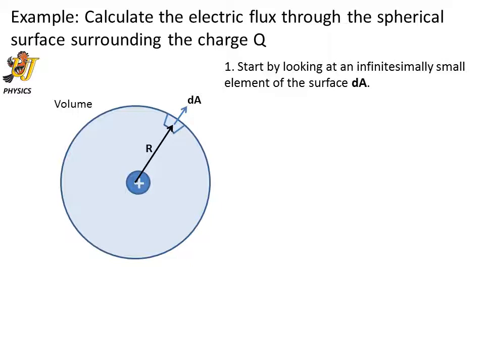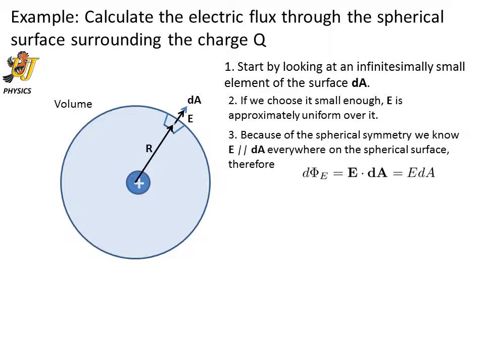And to a good approximation, we therefore can say that the electric field passing through the little surface element dA is uniform, and if the surface element is small enough, to a good approximation, the surface itself is flat. So we can calculate the electric flux passing through this tiny surface element dA.